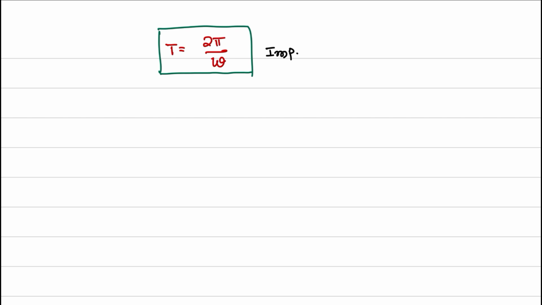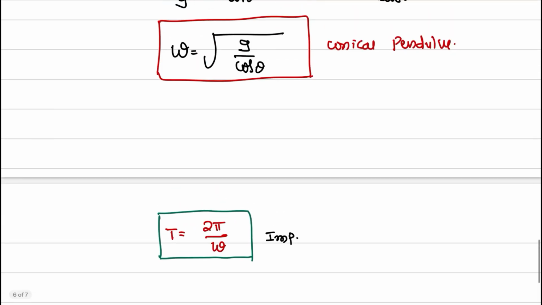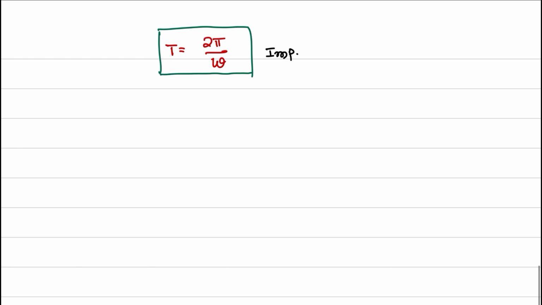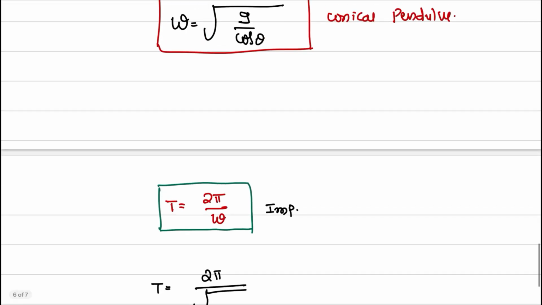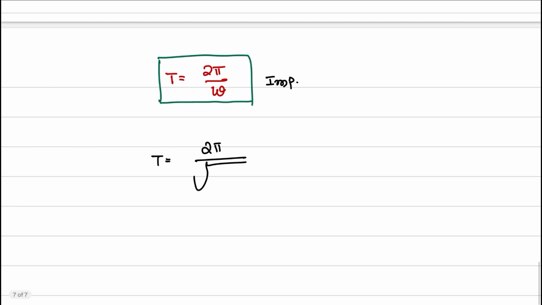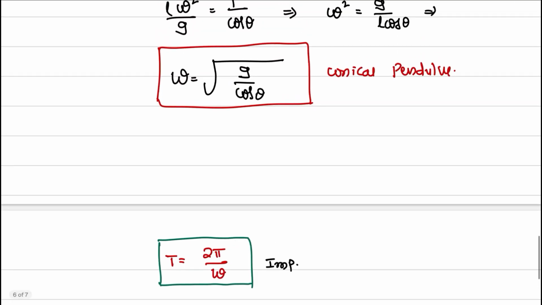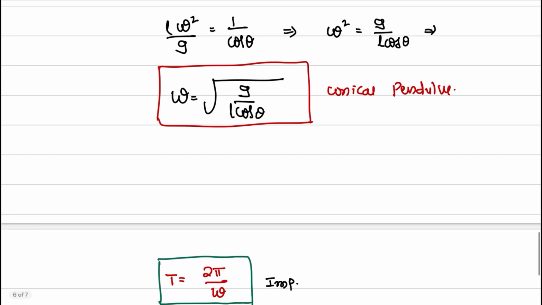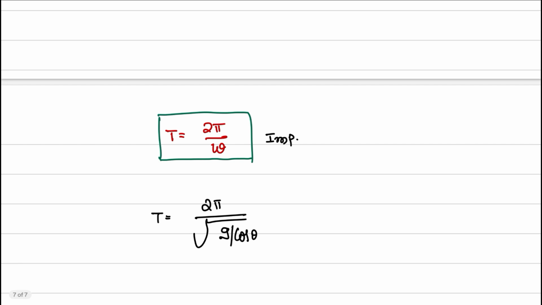Now we have to find T. What is omega? Square root of g by L cos theta. Therefore, substitute that value in this: 2 pi by square root of g by L cos theta.